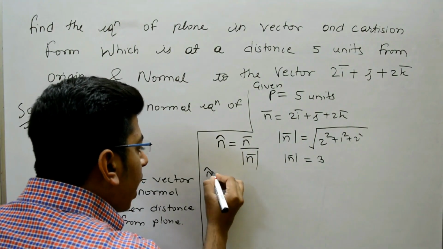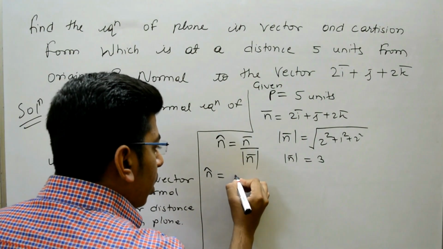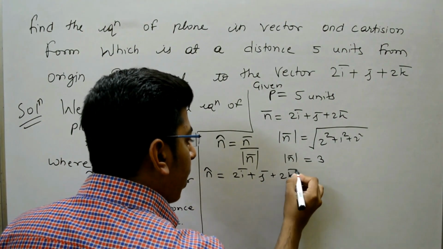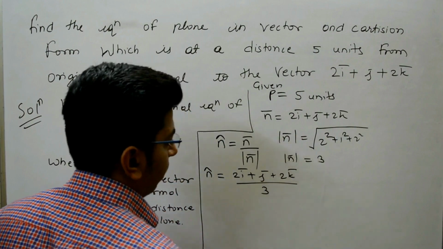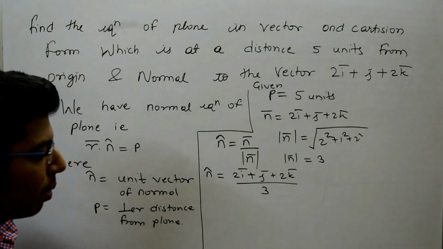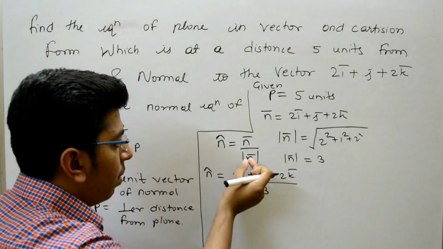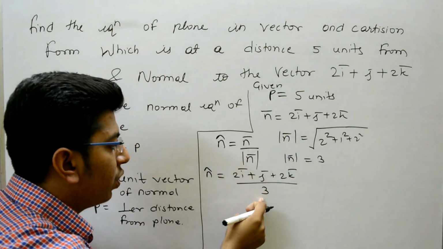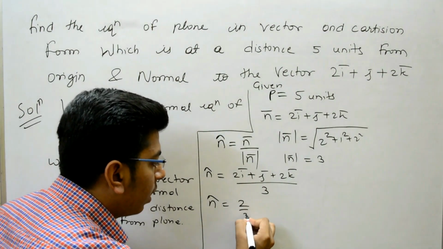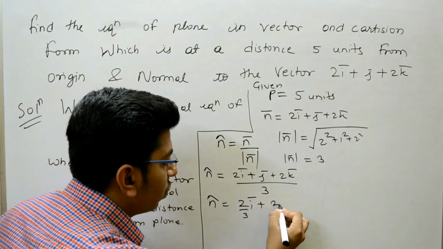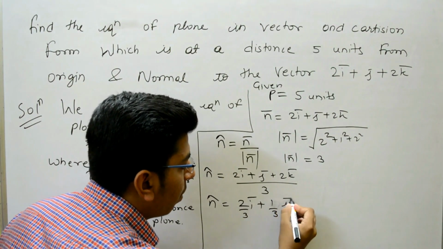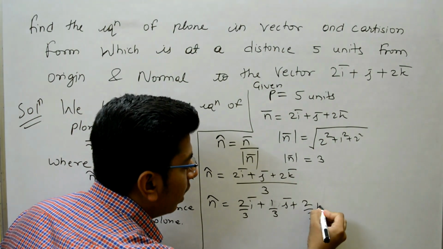So n cap is equal to 2i bar plus j bar plus 2k bar divided by 3, that is n bar divided by magnitude. So n cap will be 2 by 3 i bar plus 1 by 3 j bar plus 2 by 3 k bar.